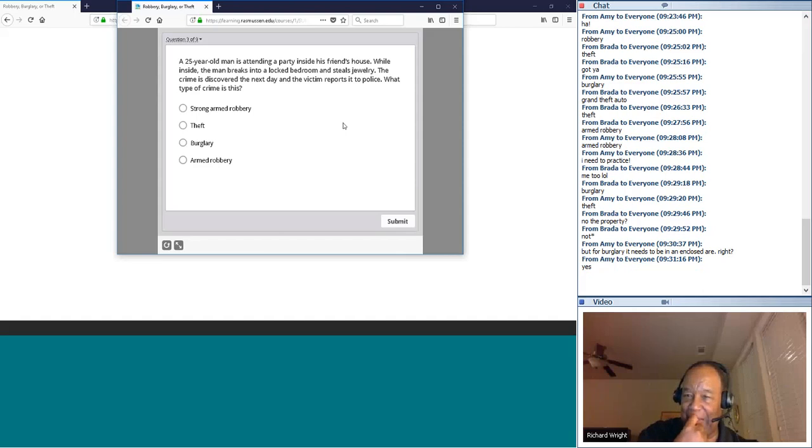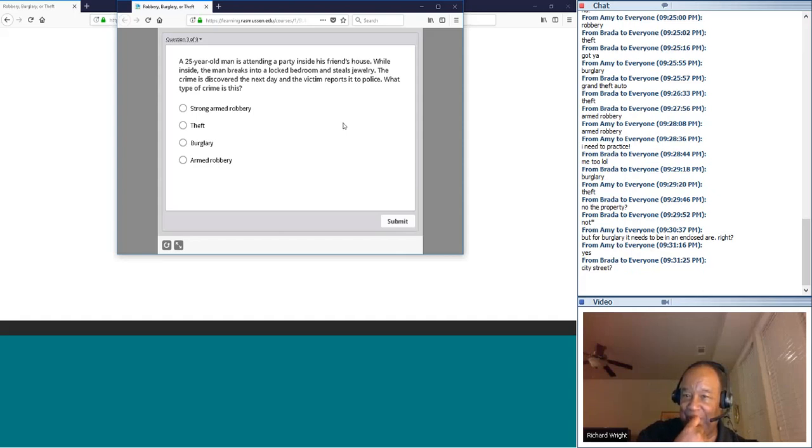Amy says yes. What do you think, Breda? City street. Yeah. Generally, the rule is up to that sidewalk and on the other side. Now, again, I'm telling you, it's hard to generalize the law in a situation, but we can give just a general rule here.